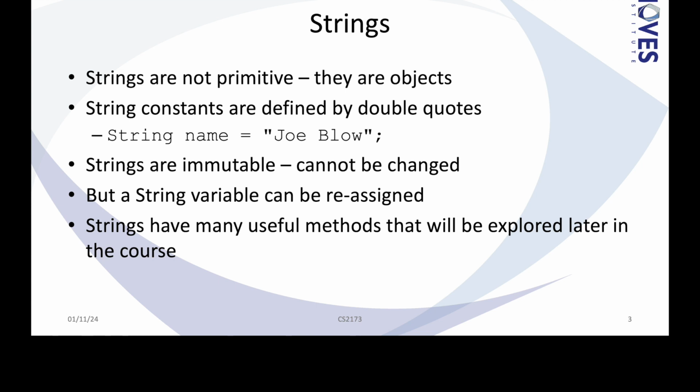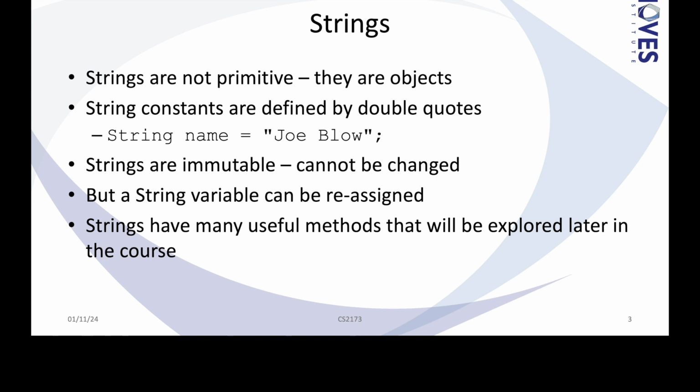Strings are objects, and starting next week, we'll delve a little bit more deeply into what that really means, and the consequences for things like what happens when we pass an argument to a method. Understanding references to objects versus primitive things is important, because there are consequences of that.